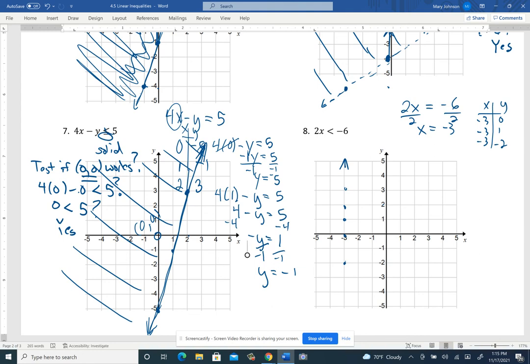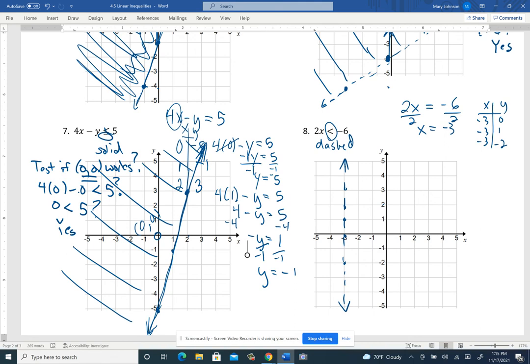Ooh, I almost connected it. I have to check. Should I dash it or make it solid? Okay, looking at that inequality, I see it should be dashed. So I'm going to make it dashed. Okay. And then the last thing I'm going to do is decide which side to shade.